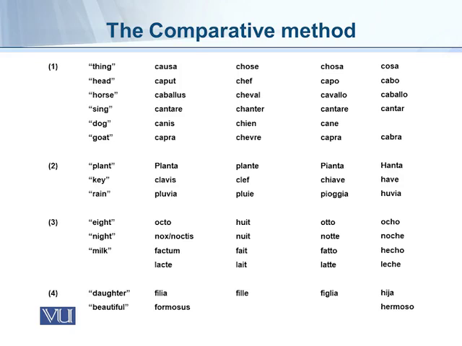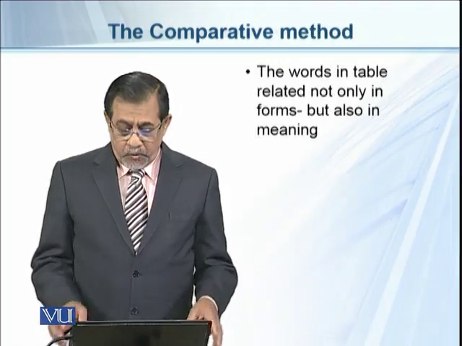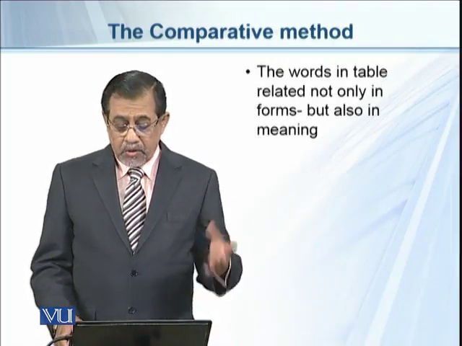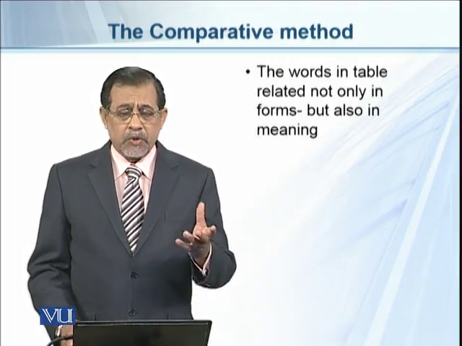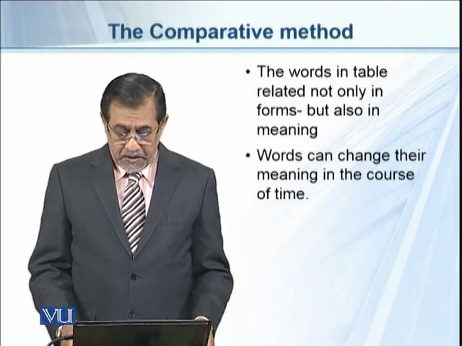These words are similar in sounds from one language to another, and this similarity prompted the researchers and linguists to compare different languages and try to find the words which have the same sound. So the words in the table are related not only in forms but also in meanings.